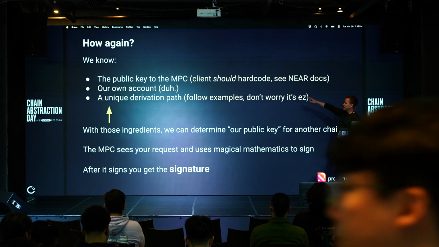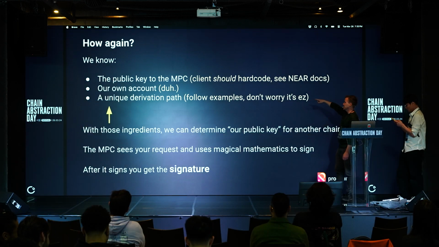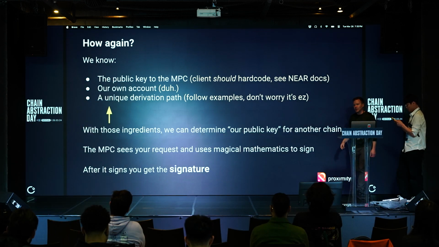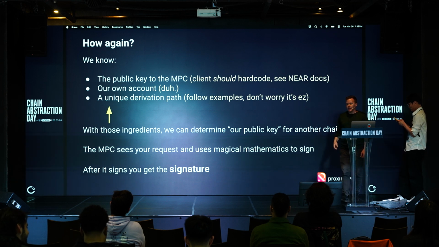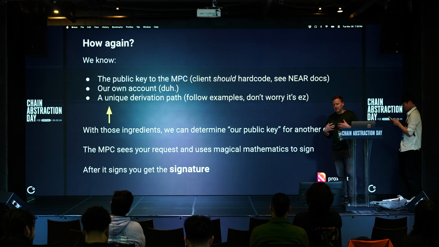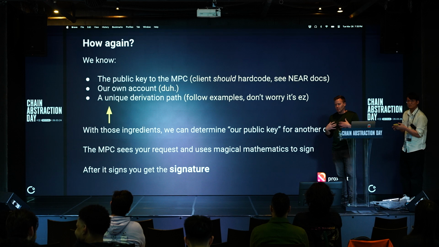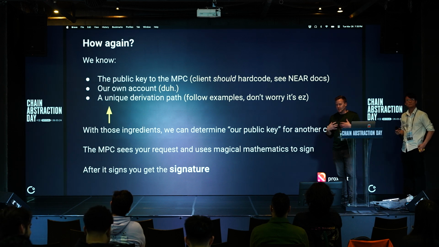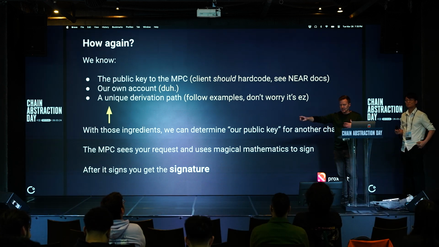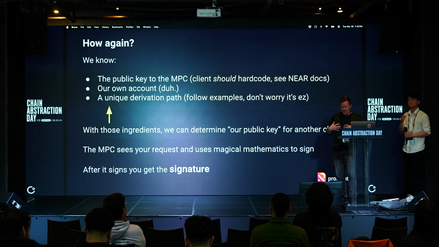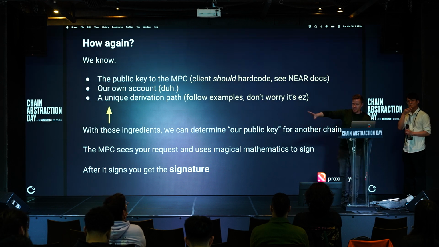So with these ingredients, essentially, you can figure out what is my public key for my Bitcoin account that is going to get signed not by me actually, but by a bunch of relayers, this multi-party computation.